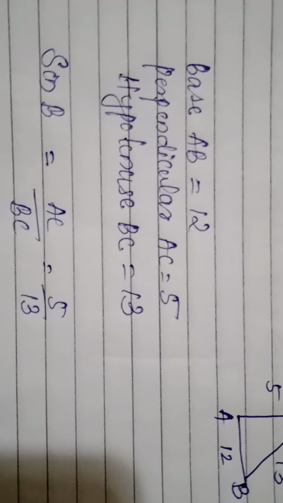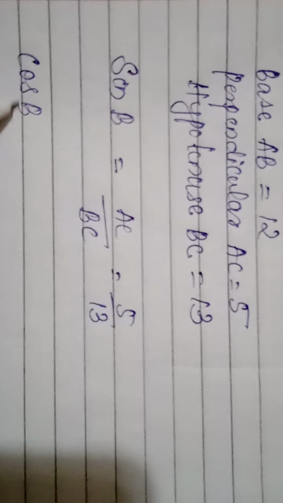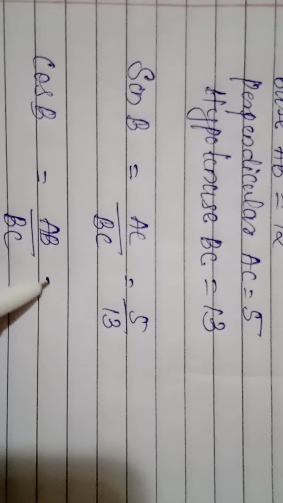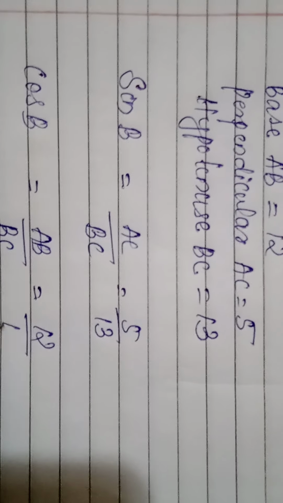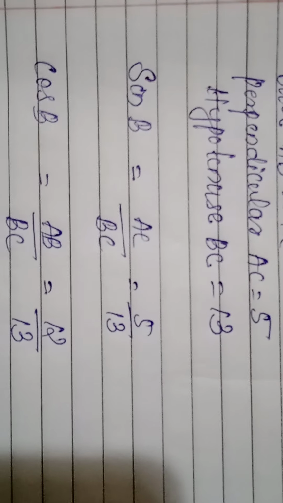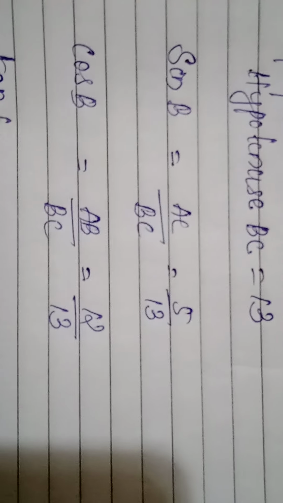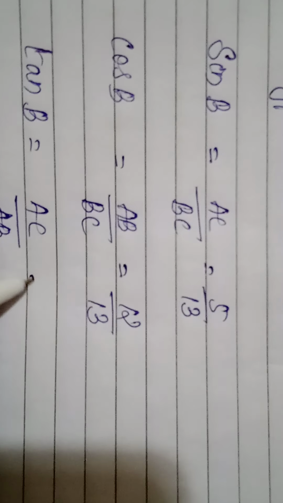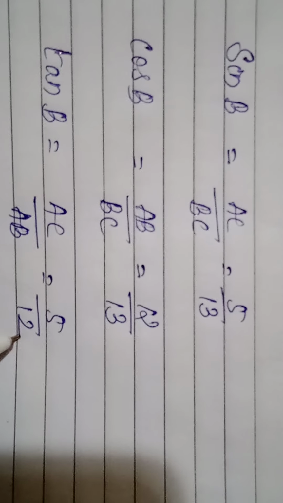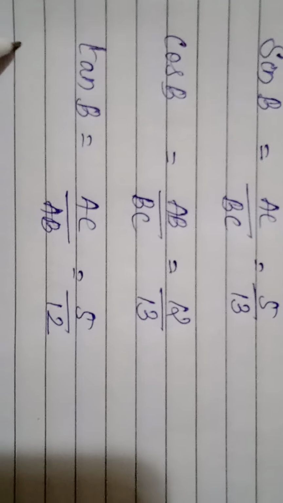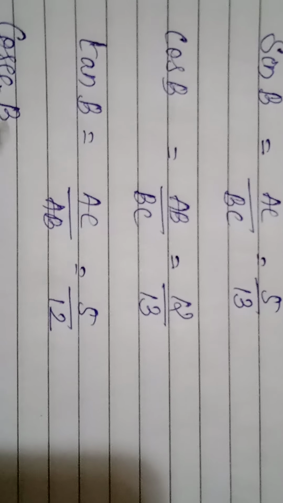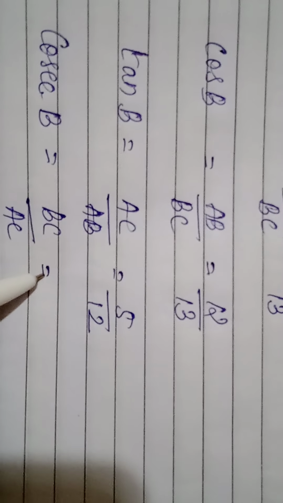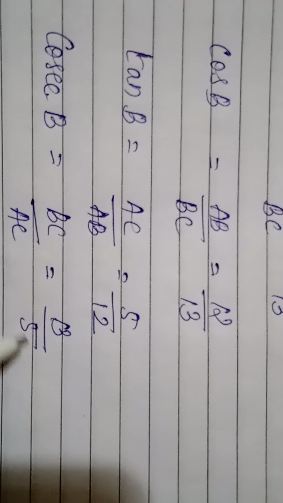Understood? The next one is cos B, that is AB by BC equals 12 by 13. And the next one is tan B equals AC by AB, that is 5 by 12. Next one is cosec B, that is BC by AC equals 13 by 5.